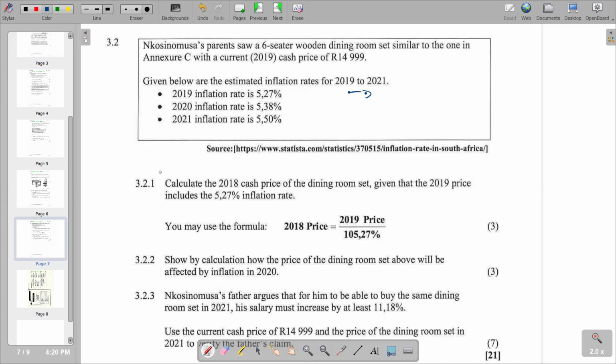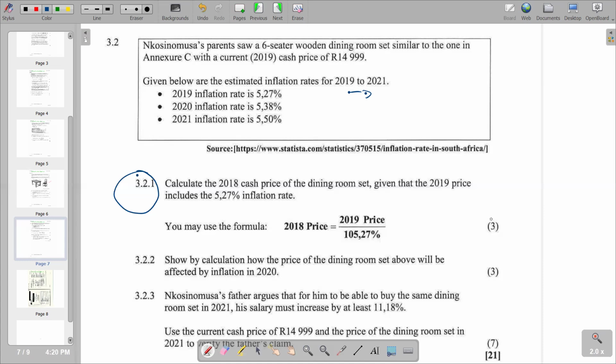So our first question, which is 3.2.1, reads: calculate the 2018 cash price of the dining room set, given that the 2019 price includes that 5.27% inflation rate. You may use the formula. So we're given a formula of 2018 price equal to 2019 price over 105.27%.